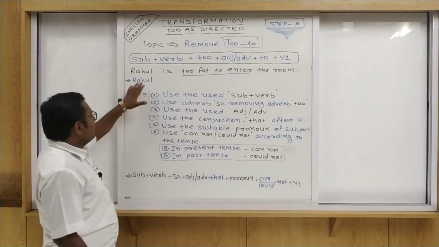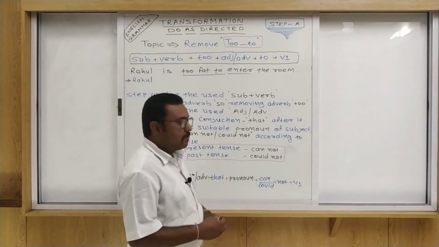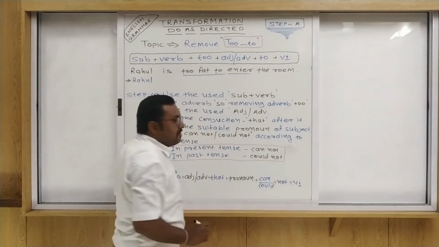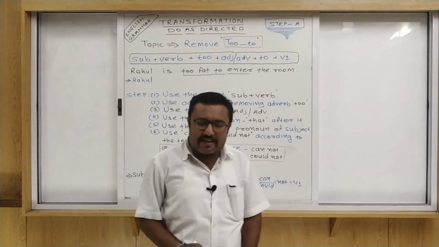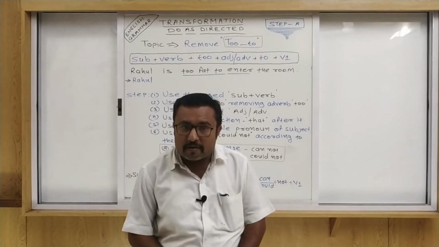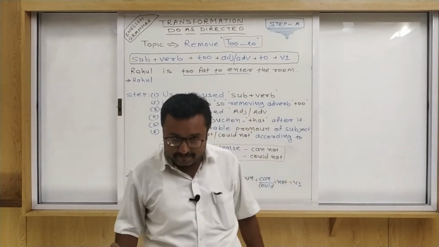See the example: Rahul is too fat to enter the room. See that, too fat to enter the room. Clear? Rahul is too fat.